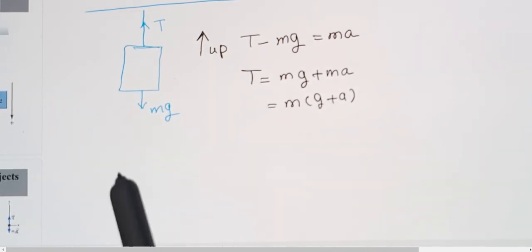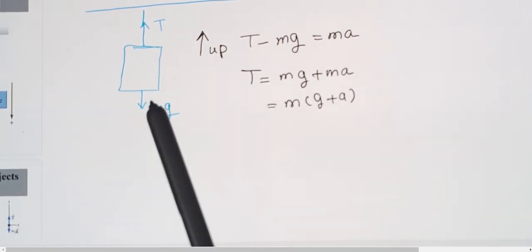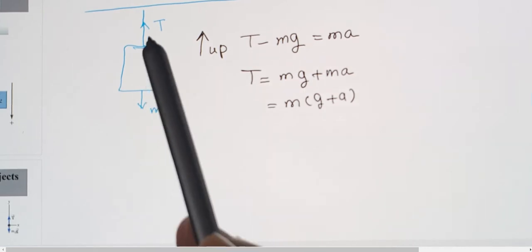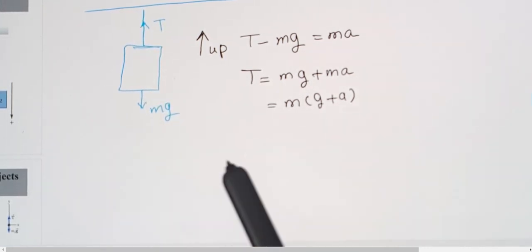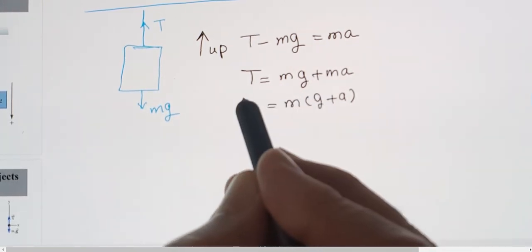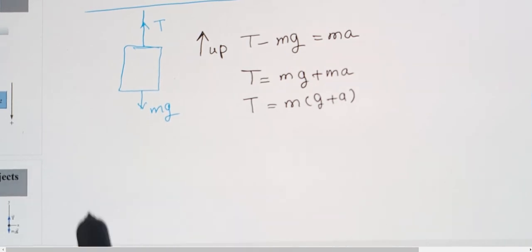So if the object is accelerated upward, the apparent weight on the scale will be larger, or the tension in the rope will be larger. And of course, we feel it when the elevator is going up.